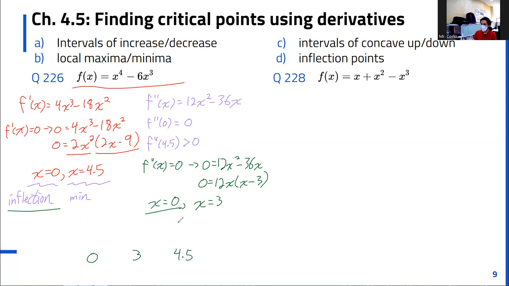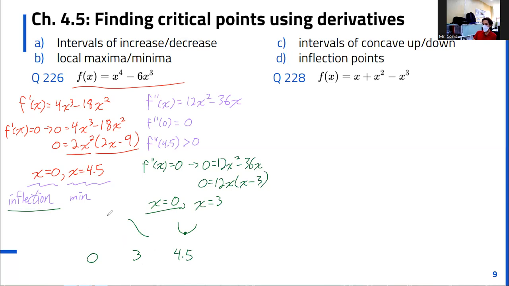So let's work backward. Minimum is, well, it's a minimum, and this is obviously curving up at a minimum point. If we have an inflection point before that, when x equals 3, when x equals 4.5, we are curving up. So it must mean that at x equals 3, we switch from curving down to curving up.